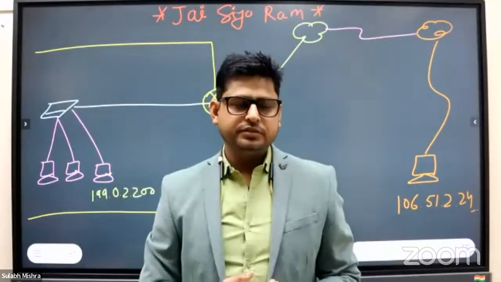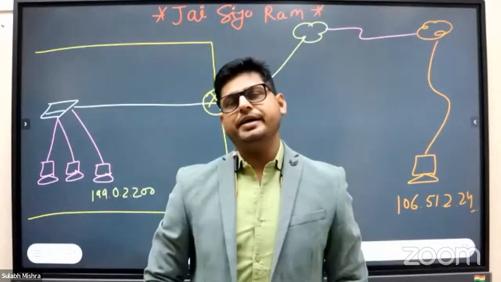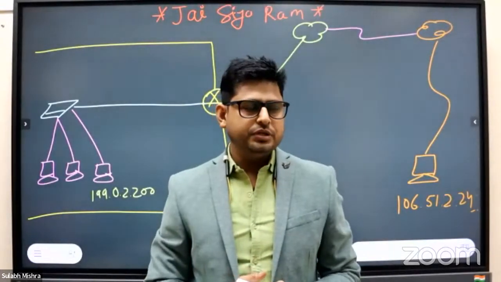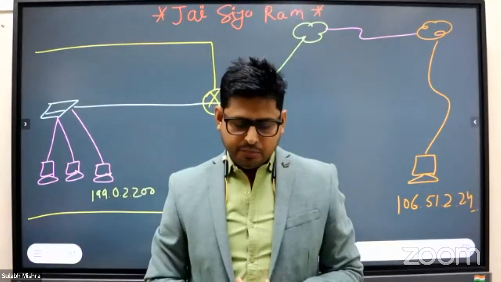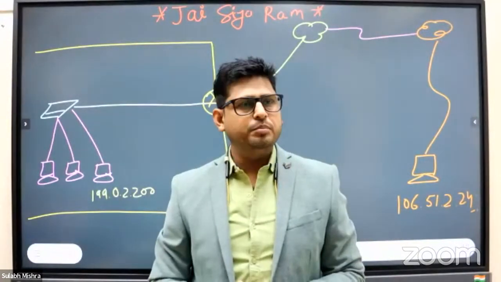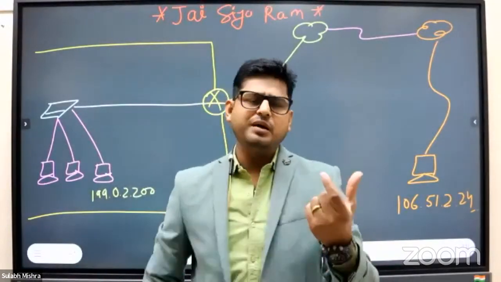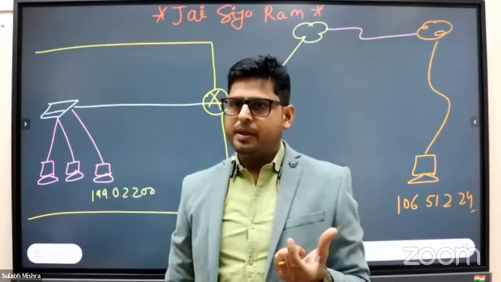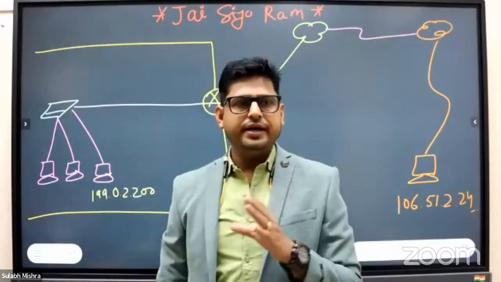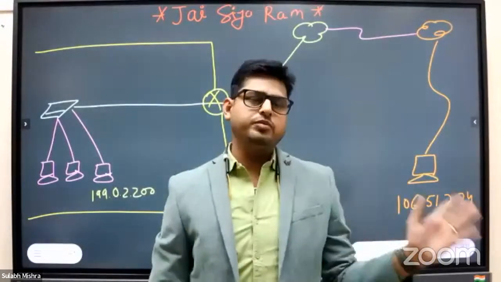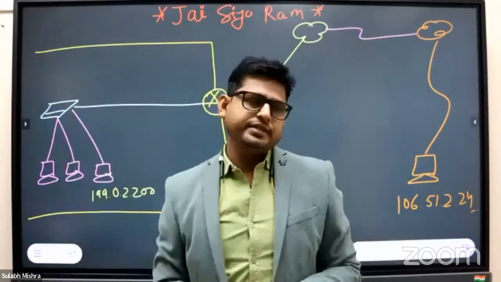So I'll do that. Last time we talked about how communication happens within the network, that means how two computers communicate with each other. We understand that communication happens in the form of packets. Packets have two parts, header and data. The header contains the control information, that is source information as well as destination information.